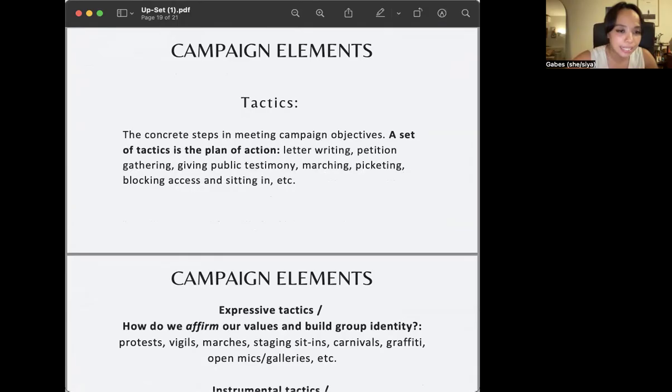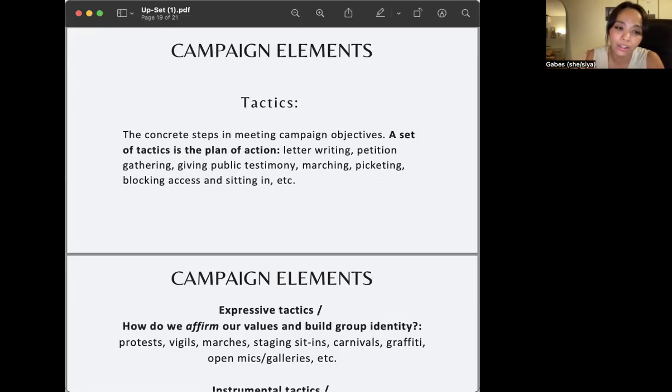Okay, so tactics are the concrete steps in meeting your campaign objectives. A set of tactics is the plan of action, whether it's letter writing, petition gathering, giving public testimony, marching, picketing, blocking access, and sitting in. So tactics are your coordinated sequence of actions that are carried out over a defined time frame, designed to steadily strengthen the organization while escalating pressure on the target until they concede to your demands.